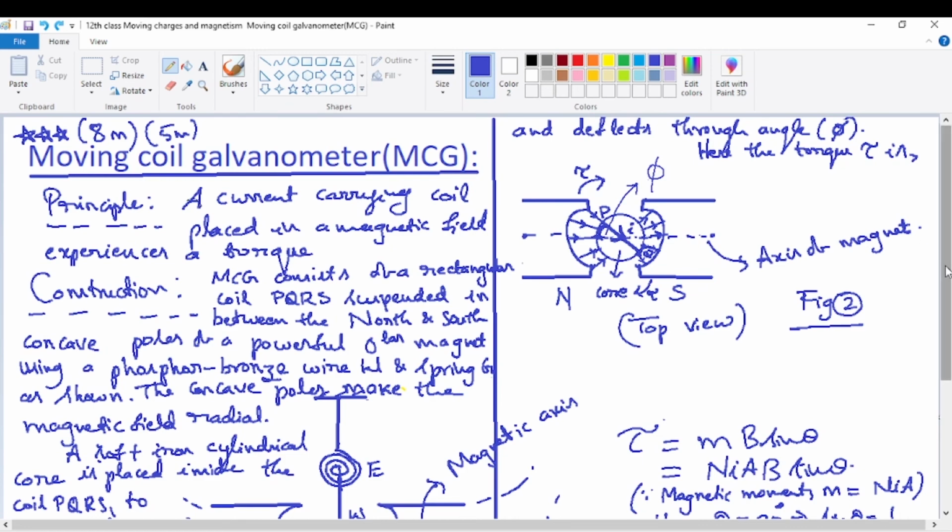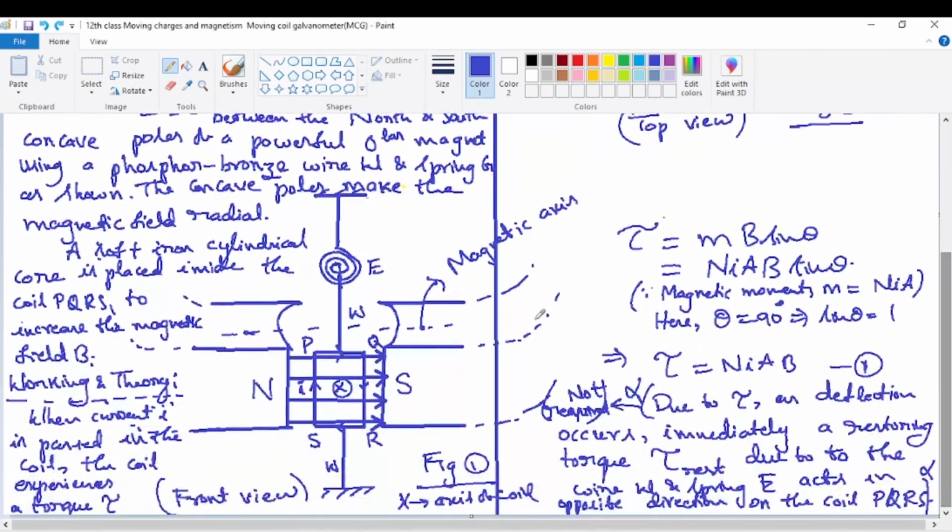So construction I've written in full detail. Now here, it's better to skip as much as possible. Just here, a soft iron cylindrical core. From here to here, up to the field B, I'm putting in brackets, meaning it's actually not required in the exam.